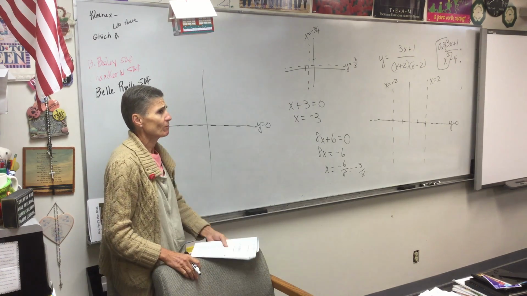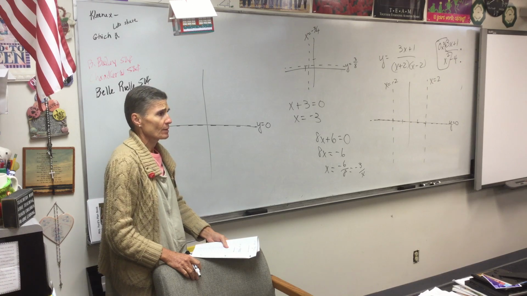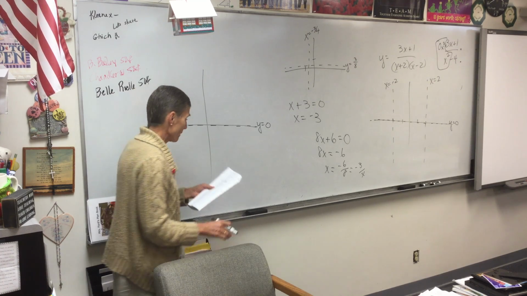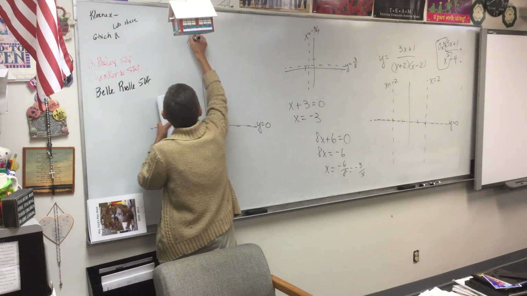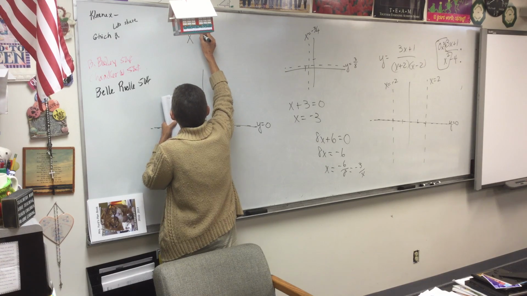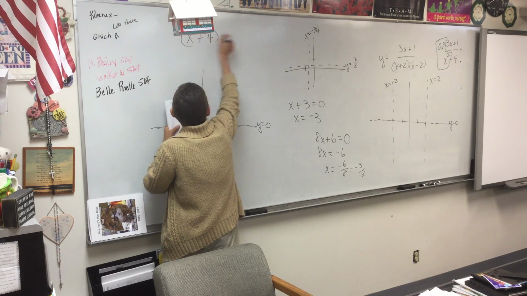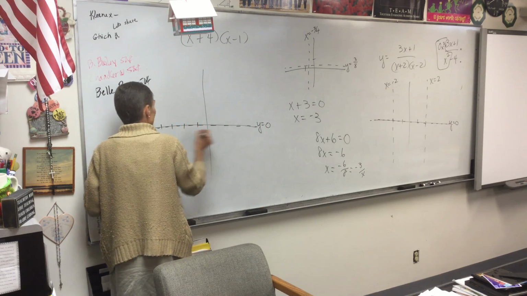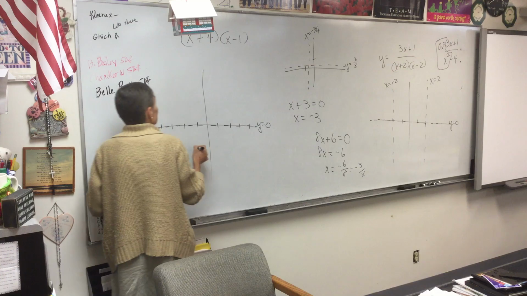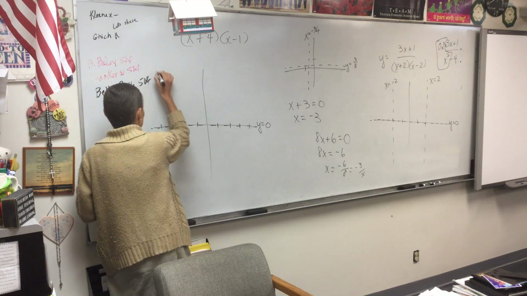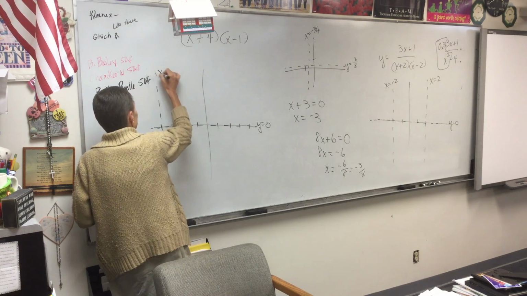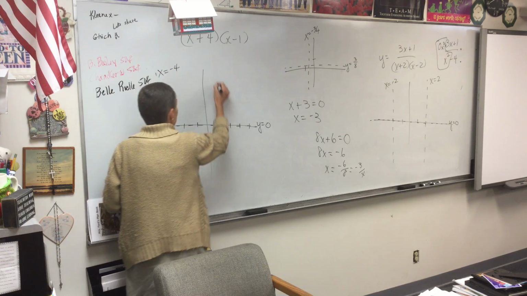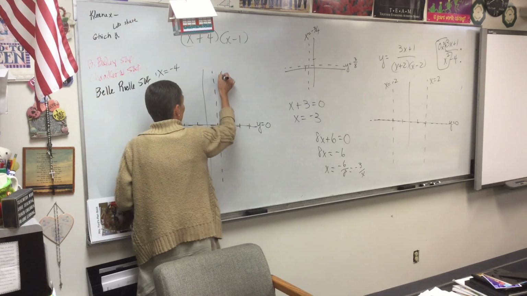How do I find my vertical asymptotes? Factor the bottom. And when I factor the bottom, how does that factor? X plus 4, x minus 1. So where will my vertical asymptotes be? At x equals negative 4 and x equals 1.